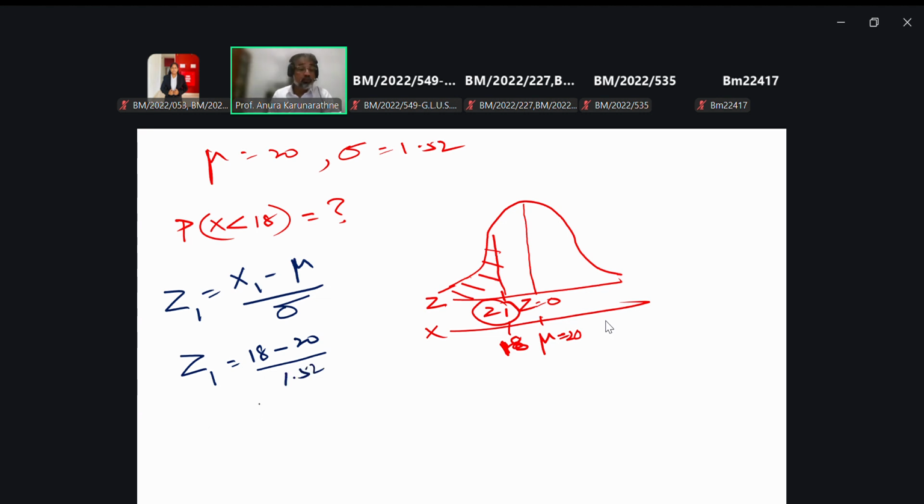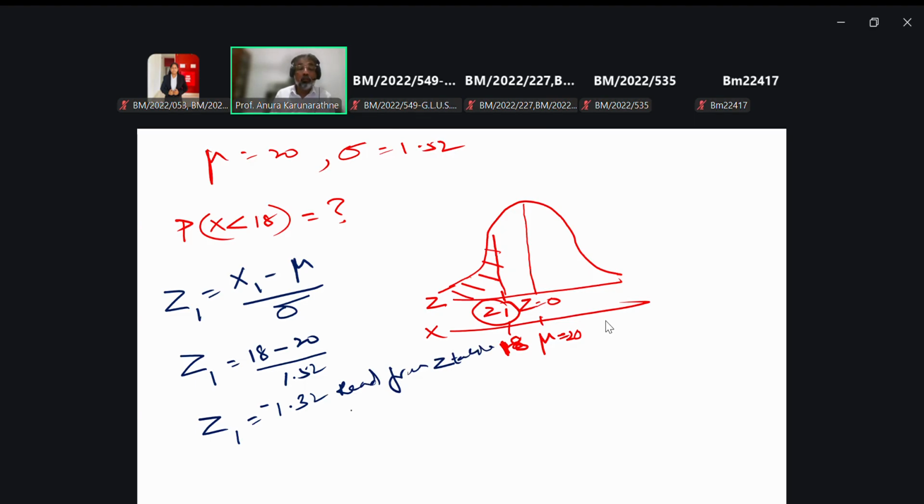Then Z1 is 18 minus 20 divided by 1.52, which is approximately minus 1.32. So then you have to read this from the Z table, right?